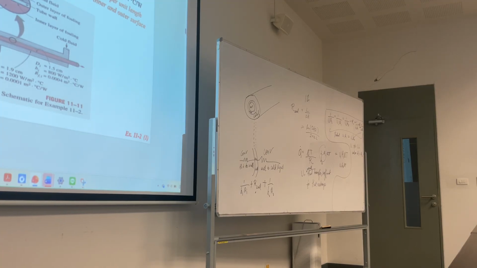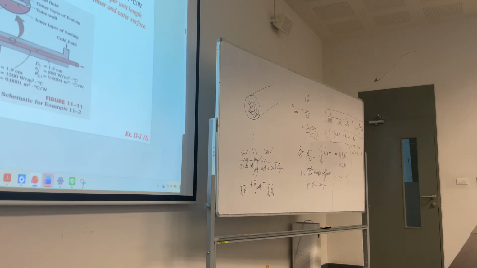Example 11.2. So this is a double pipe. Okay, we saw this. A double pipe shell and tube heat exchanger is constructed of stainless steel. Thermal conductivity is given as 15.1. Inner tube of inner diameter DI is given as 1.5 centimeter. Outer diameter is D naught and it is 1.9 centimeter, and an outer shell of diameter 3.2 centimeter.